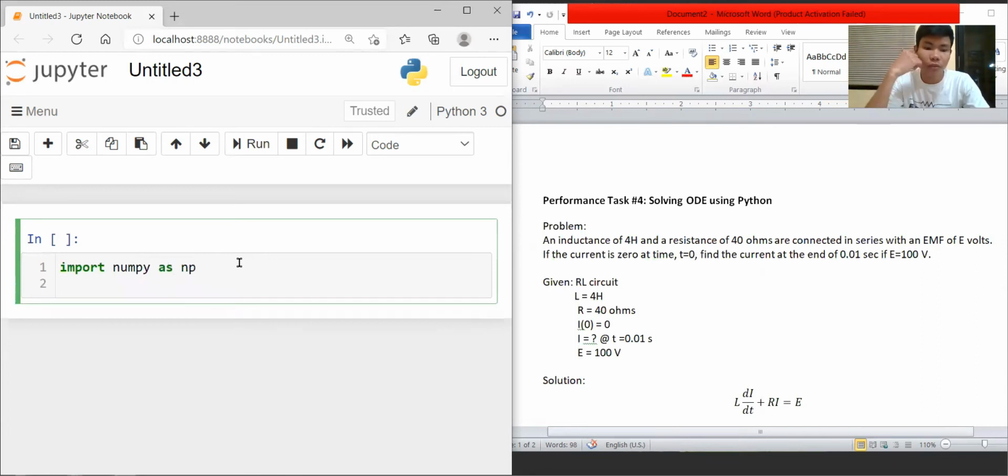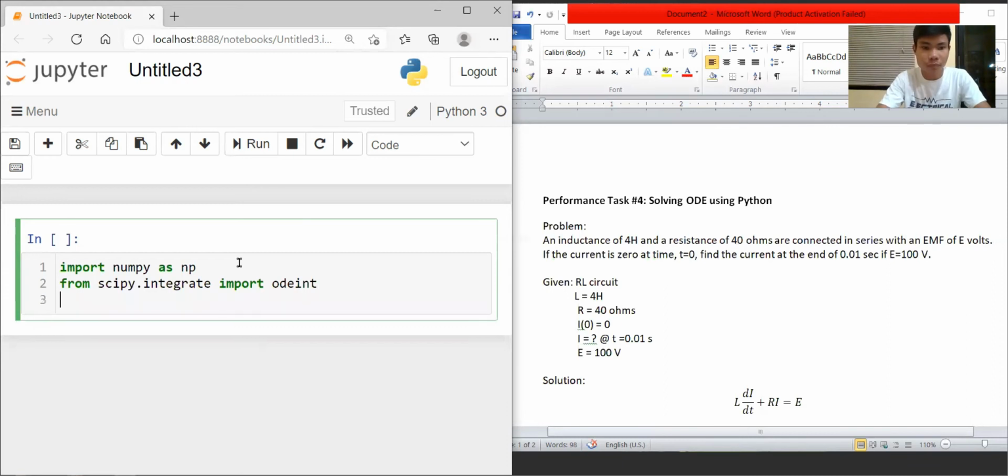and also from scipy we have to also import the ODE, and lastly we have to import the matplotlib.